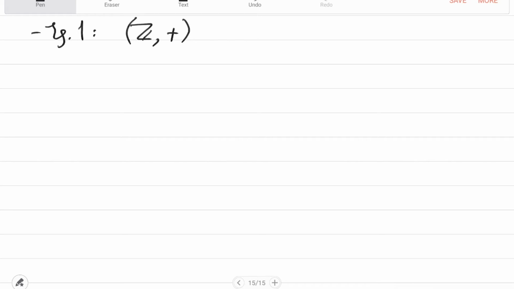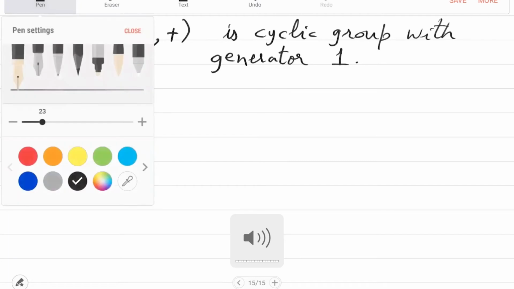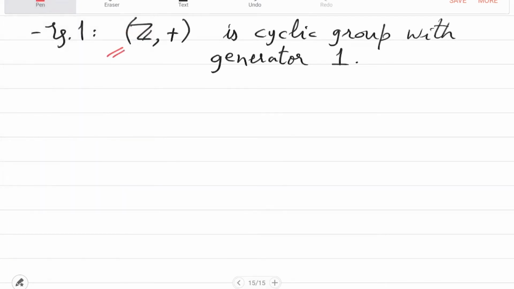So you also need -1, but with 1 and -1 you can generate everything. So this is cyclic, a cyclic group with the generator 1. The identity element here is the generator, and the way it generates is -1, 1, and then use the addition operation again and again.